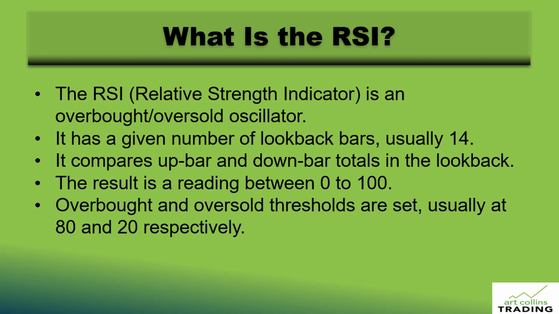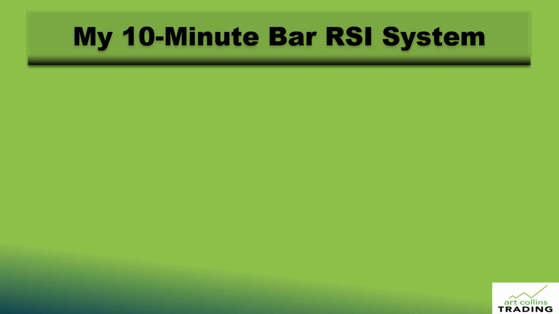There have actually been a lot of systems out there that use it as a go-with indicator rather than a fade indicator, buying first signs of overbought and selling first signs of oversold, and getting out before the inevitable happens.